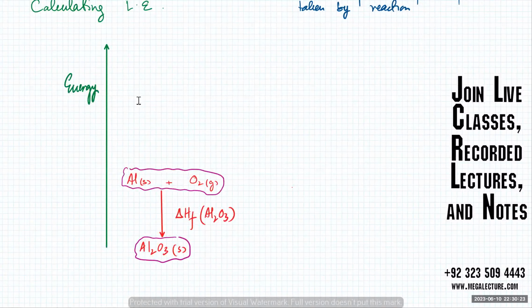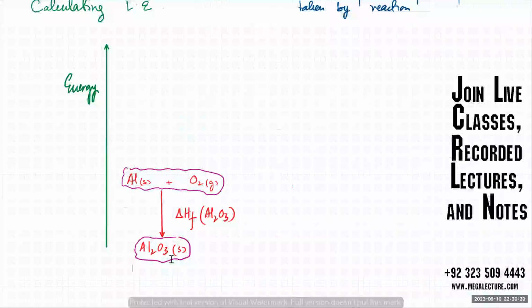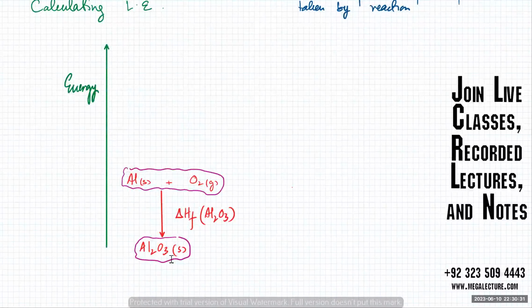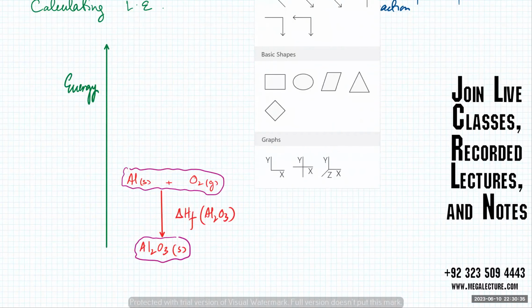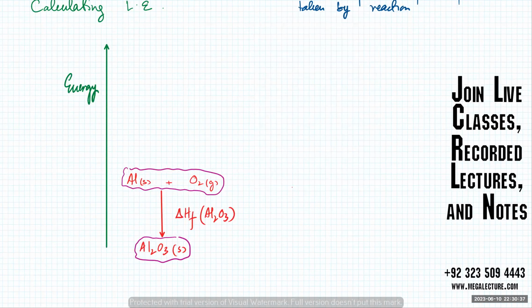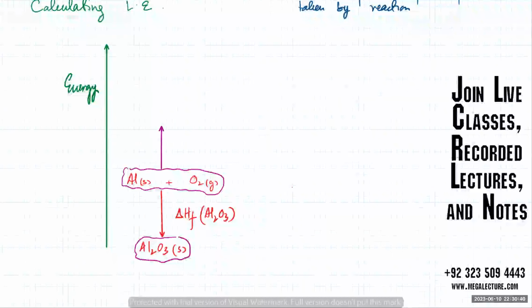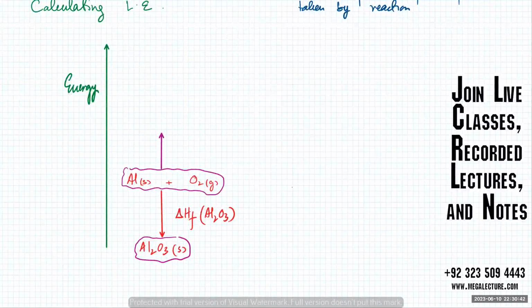So starting from elements, how do you make an ionic lattice? What are the steps? There are a couple of steps. First you're going to atomize them. You're going to break the bonds that they have. You can do that in one step, or in multiple steps.